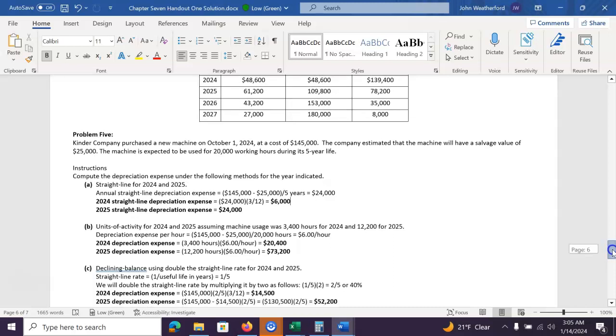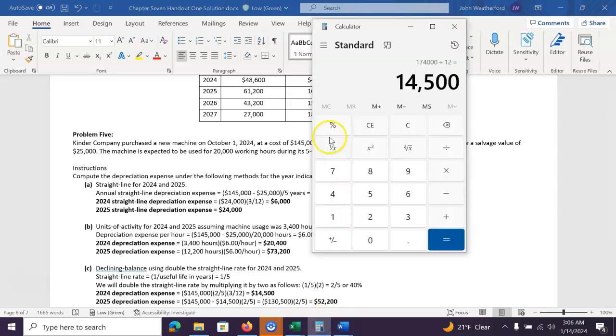Now in 2025, we're going to take cost minus depreciation already taken, and then multiply by our rate. Now you don't have to worry about the months this time because the equipment was in service for the full year. So we'll just say our 145,000 minus the 14,500 depreciation expense already taken.